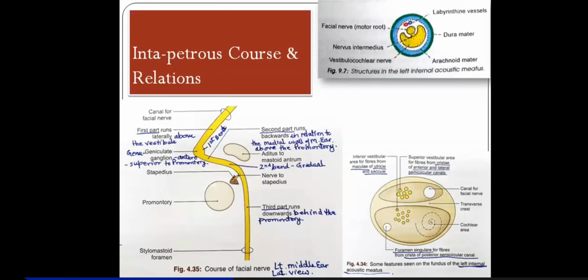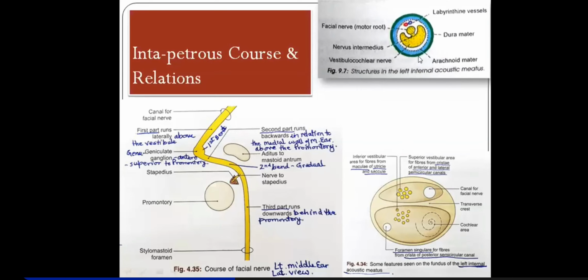Because the facial nerve is also moving together, the three nerves you'll find inside are the motor component of the facial nerve and the vestibulocochlear nerve. In between the two nerves you have this nervus intermedius. So there are three nerves entering into the internal acoustic meatus.